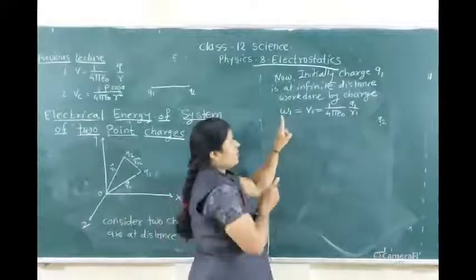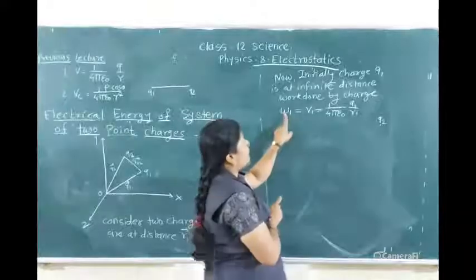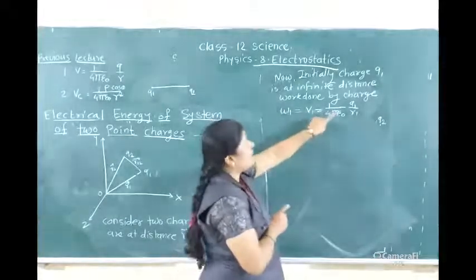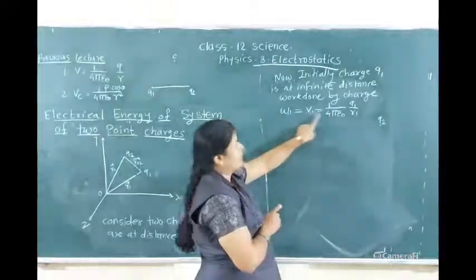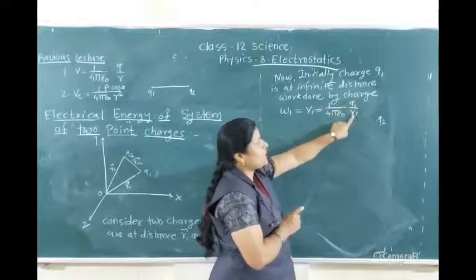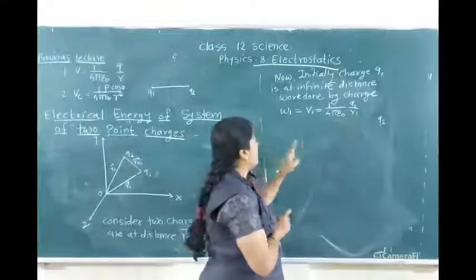We know that work done is equal to the electrostatic potential of that charge. So V1 is equal to 1 upon 4 pi epsilon 0 Q1 divided by R1.